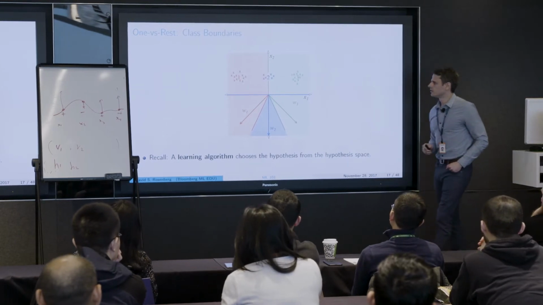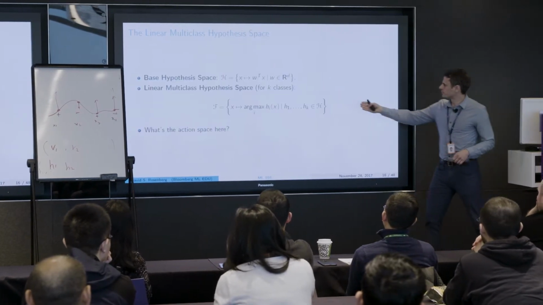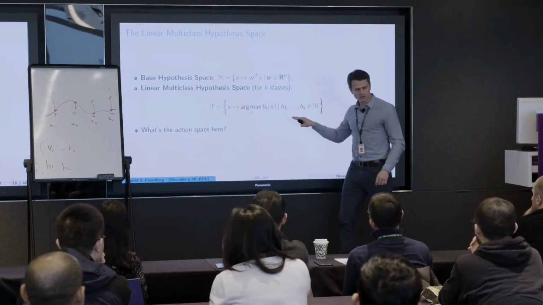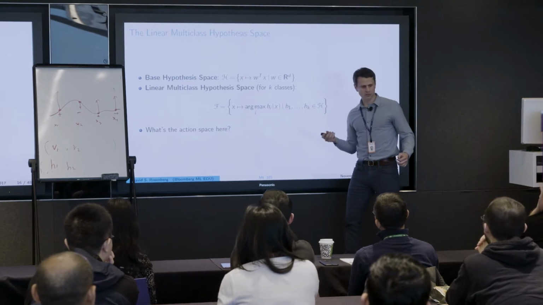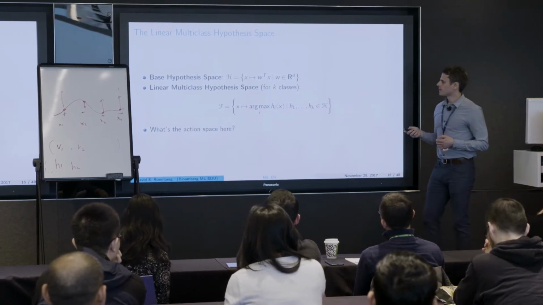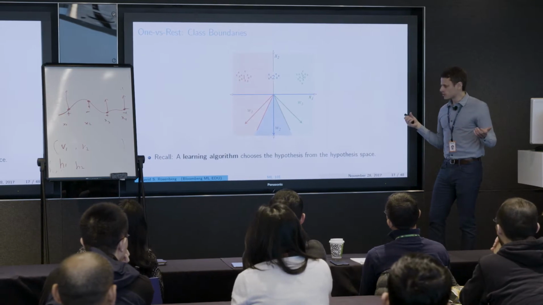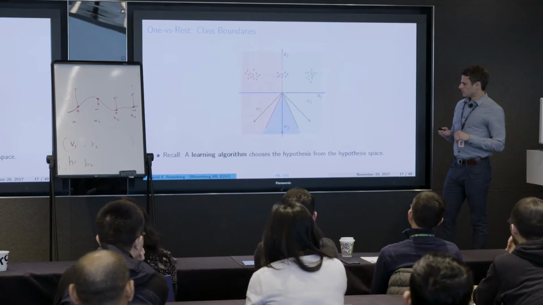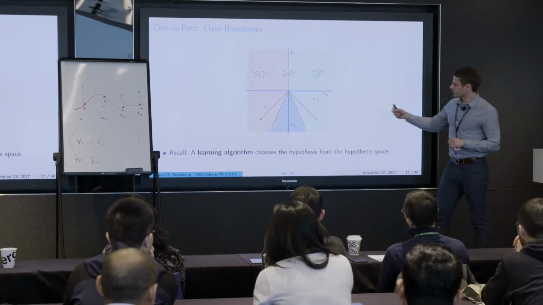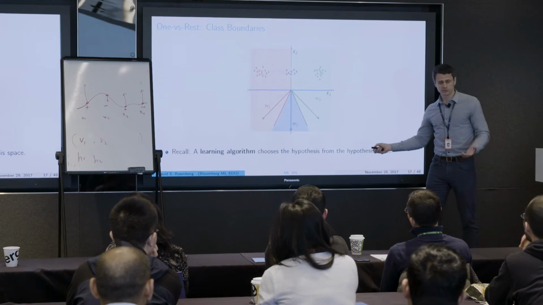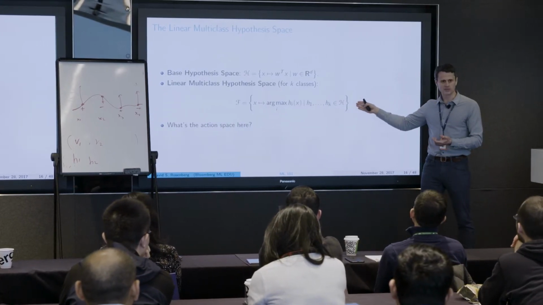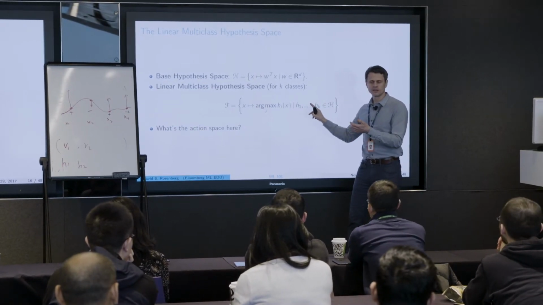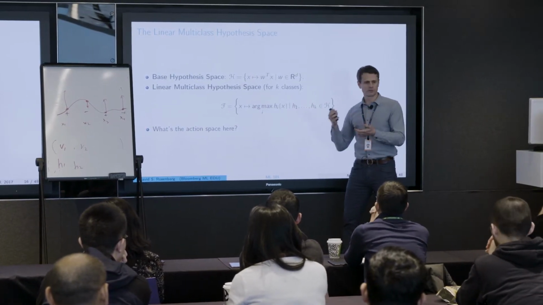All right. So for this hypothesis space, which is from a bunch of score functions, choosing the one with the highest score, you could think of a learning algorithm as choosing a hypothesis from that hypothesis space. So here's the question. The learning algorithm we are using to choose this hypothesis is building a 1 versus all. We're training H1, H2, all through HK as a 1 versus rest problem.